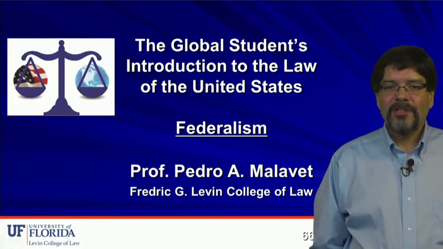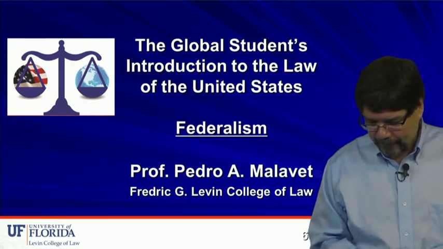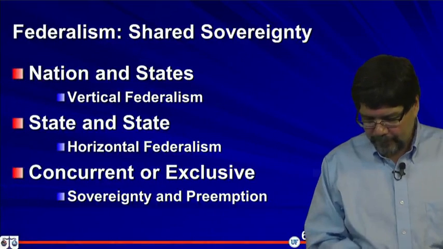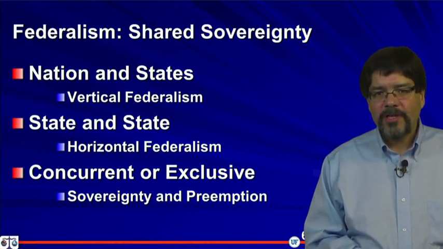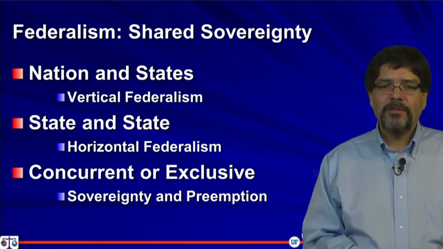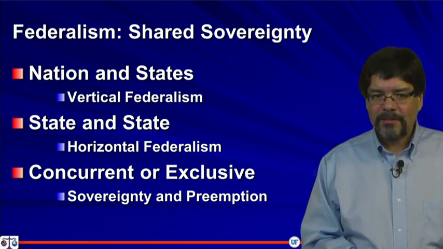Continuing our discussion of the Constitution of the United States, today I will talk about federalism. Federalism is shared sovereign authority, shared sovereignty. In the United States, we speak of one nation and the states.